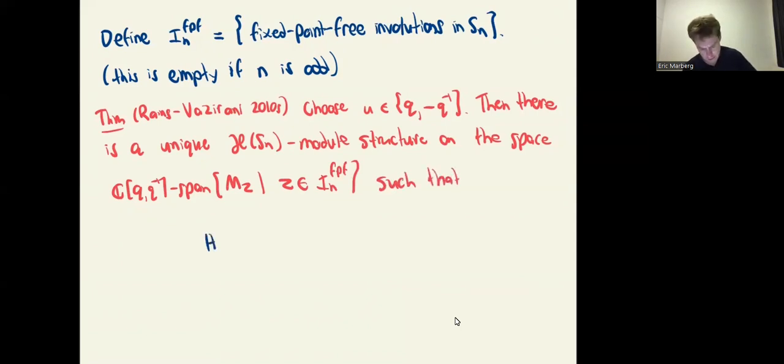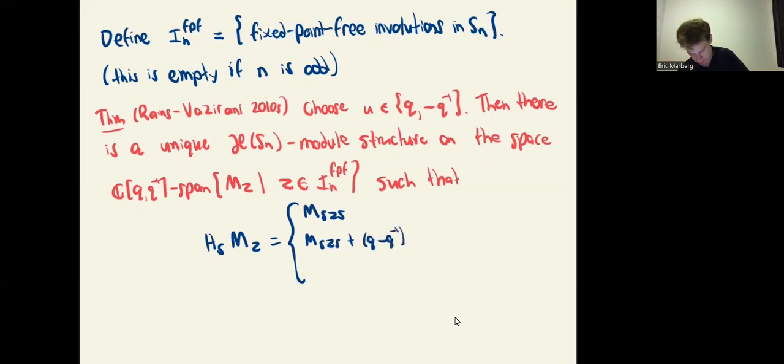If you have a generator in H and you apply it to a basis element in this space, it's going to give you what looks like a Hecke algebra deformation of conjugation. So we're either going to get M_{sZs}, or we're going to get M_{sZs} plus (q minus q inverse) M_Z, or we're going to get u times M_Z.